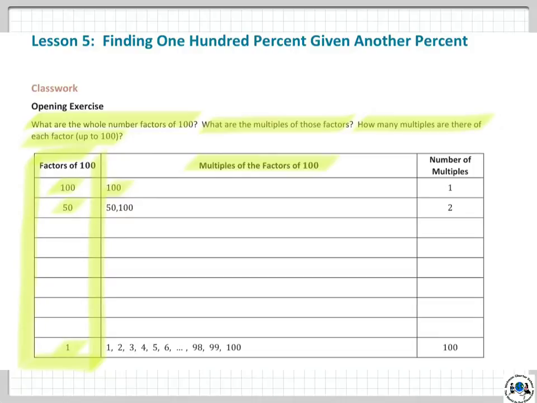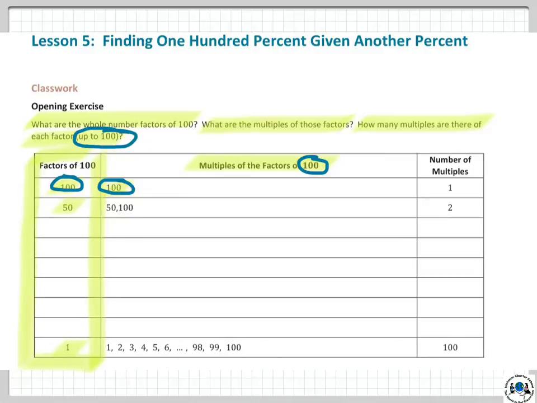So for example, here's the factor 100, and the only multiple of 100 is 100, because we're trying to keep it within 100. Now, of course, there are many multiples, but we're only going up to 100. Very important.